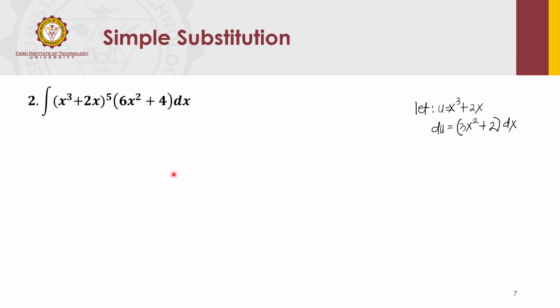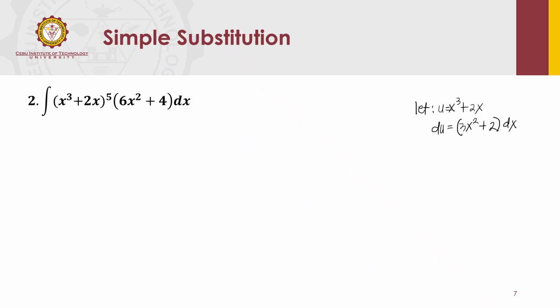So do you have 3x squared plus 2 multiplied to your dx? It's not 3x squared plus 2, but you have 6x squared plus 4, which is 3x squared plus 2 multiplied by 2. So you can write this as 2 times 3x squared plus 2.